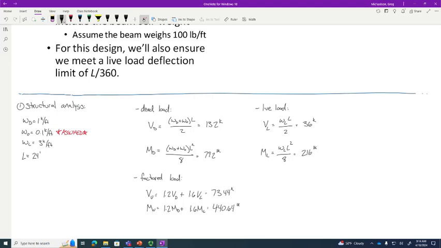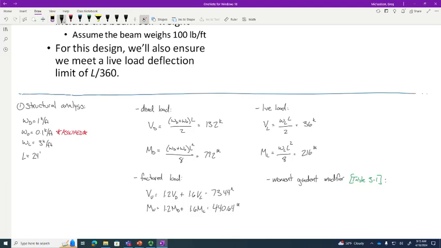Now, something else I want to go ahead and figure out on this step, which is new, we didn't have to do this before, is the moment gradient modifier. I'm going to need your help on this one. So I want to know what is the moment gradient modifier for this problem?